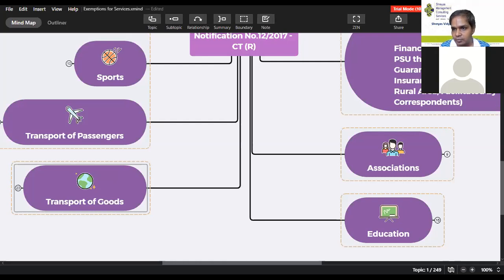If it is multiple times of transport, then each time will be considered a separate consignment. What we need to understand is a single consignee at a time, a single transport, not multiple transports.